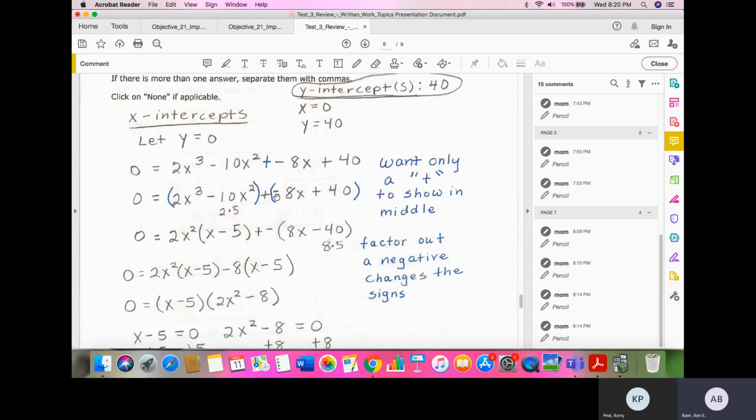They become the opposite. So we're going to factor this negative out in front. That means inside this, the sign is going to be opposite for this term. It was negative. It's now going to be positive 8x. It was positive inside. Because the negative sign went out front, it is now the opposite, which is minus 40.